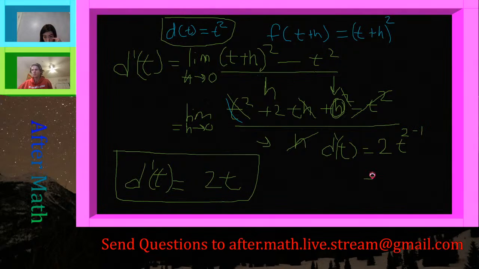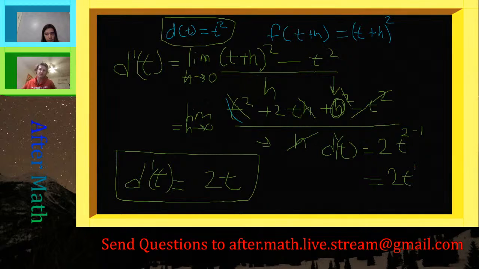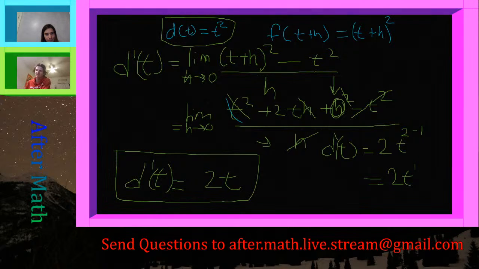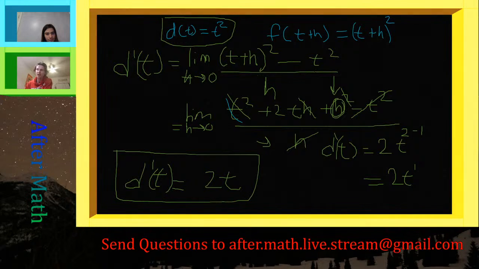Right? So then we end up with 2t to the 1, and anything to the first power is just that variable. Okay. Oh, we got the same thing. Using the definition of the derivative is obviously a lot more work than doing this simple shortcut.